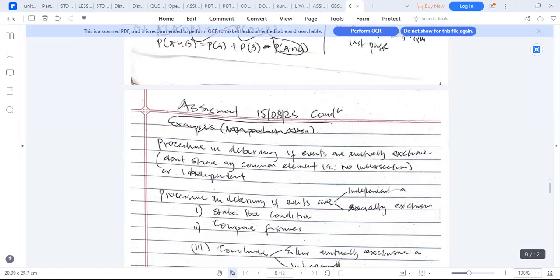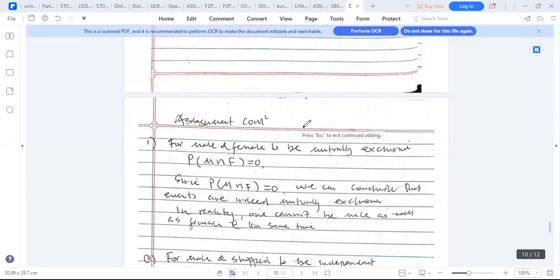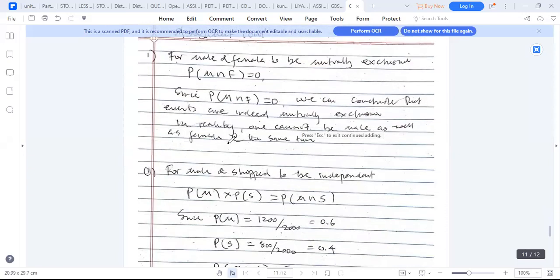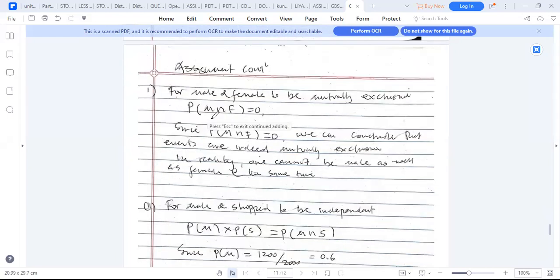For a female and male to be mutually exclusive, the intersection female intersection male must go to 0. Now, since our M intersection F is equal to 0, we can conclude that the events are indeed mutually exclusive. In reality, one cannot be male as well as female at the same time.